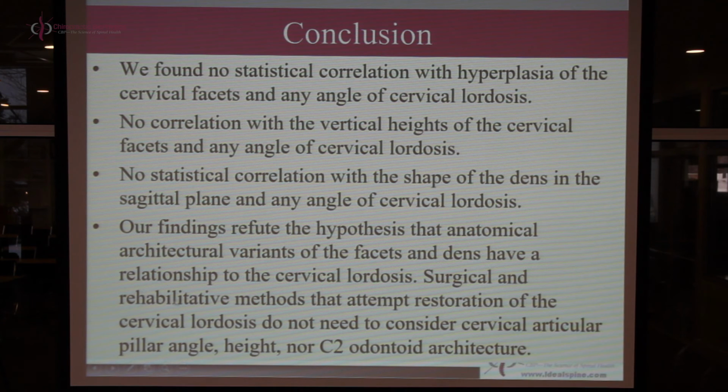Thus, surgical and rehabilitation methods that attempt to restore the cervical curve in patients that don't have one do not need to consider the cervical articular pillar angles, heights, nor the C2 odontoid architecture. Okay? This is a very important issue. This study is the largest sample to ever be done on this project, or on this idea.